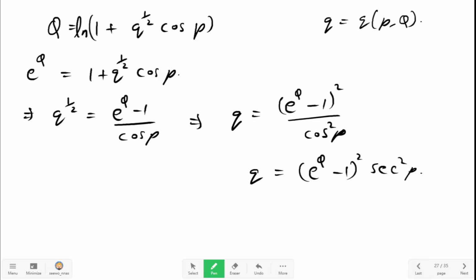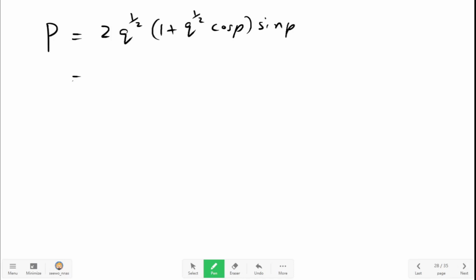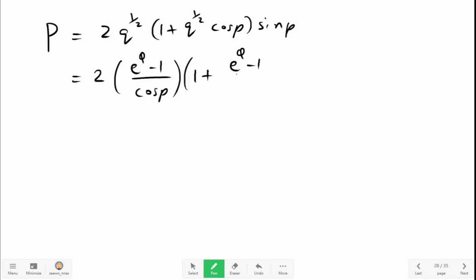Now we have found that q raised to 1 by 2 is nothing but e raised to Q minus 1 divided by cos p. So 2 times e raised to Q minus 1 divided by cos p, times 1 plus again q raised to 1 by 2, which is e raised to Q minus 1 divided by cos p, times sin p.